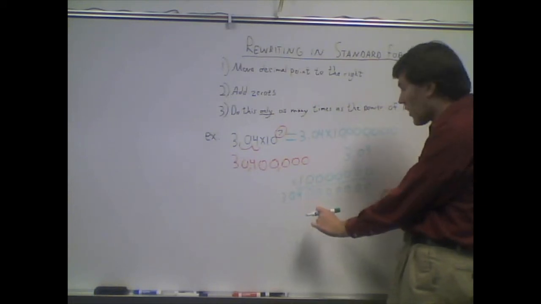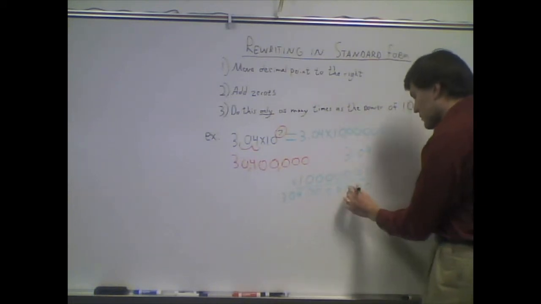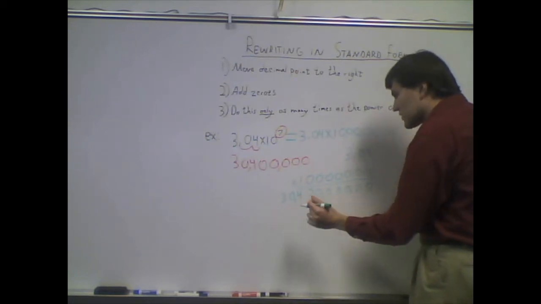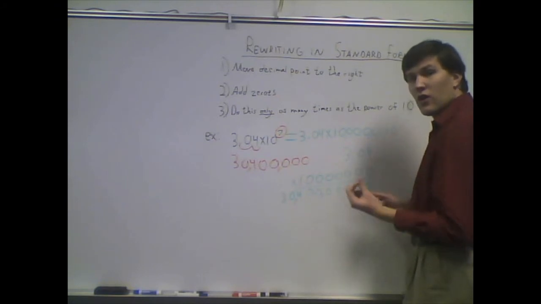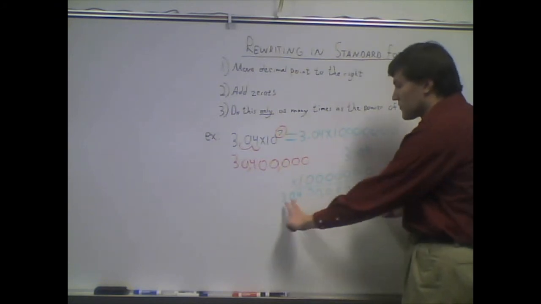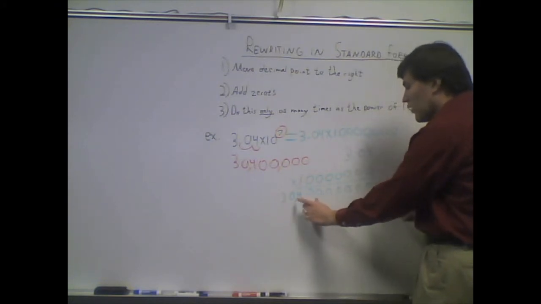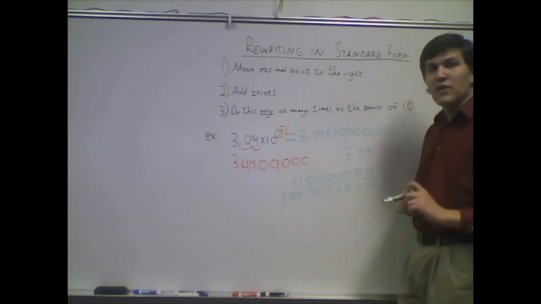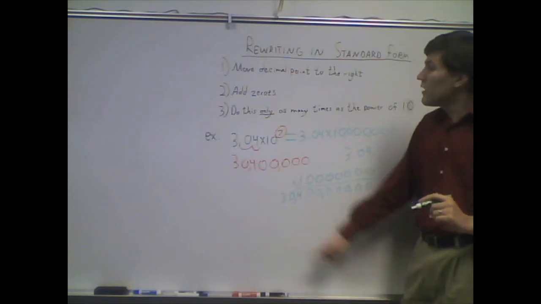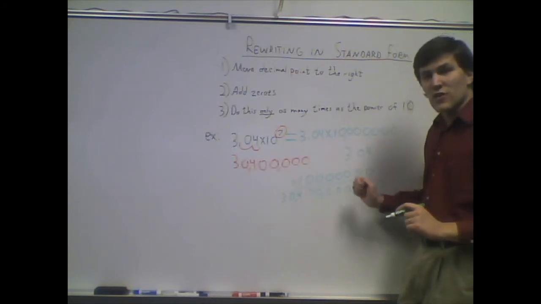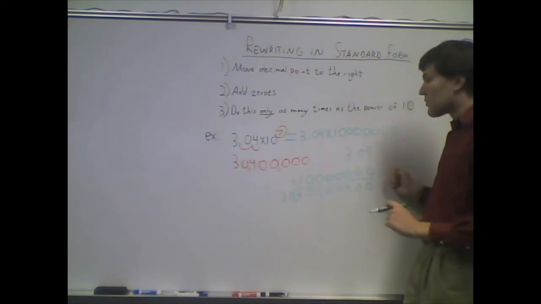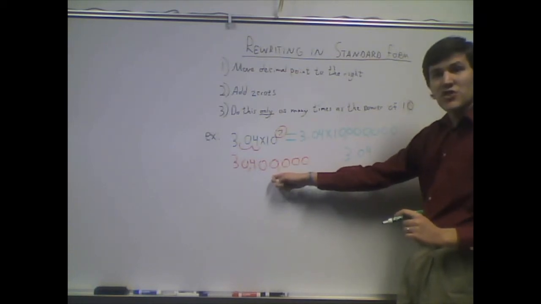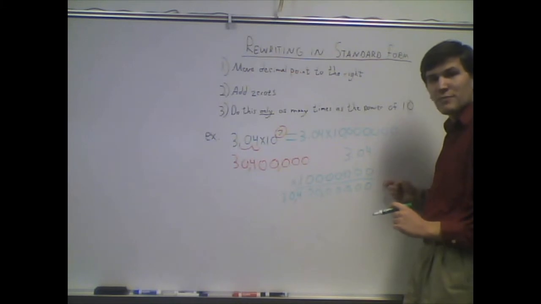When we do our last step, we have to keep track of our decimal. So we put our decimal here, and we find that just as before, our answer in standard form is 30,400,000. So you can either rewrite it by moving the decimal place and adding zeros, or by doing this multiplication. Moving the decimal point and adding zeros is a shortcut for multiplying by large powers of 10.